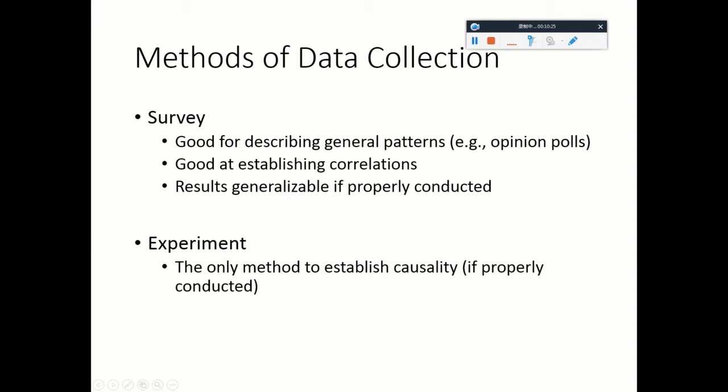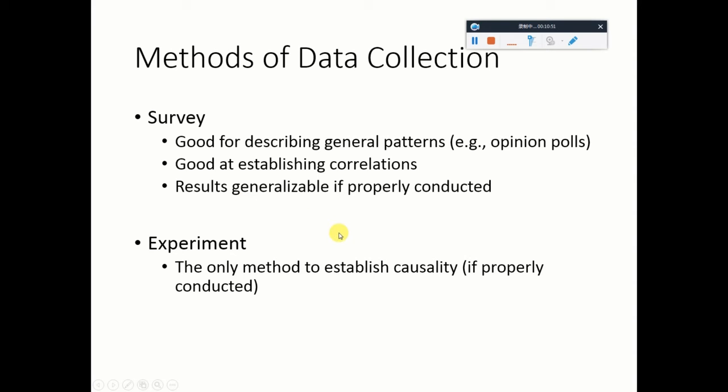The second major type of data collection for quantitative research is experiment. Experiment is a very, very useful type of method, just as important as surveys, right? There are no worse or better methods. They're equally important and they achieve different goals.